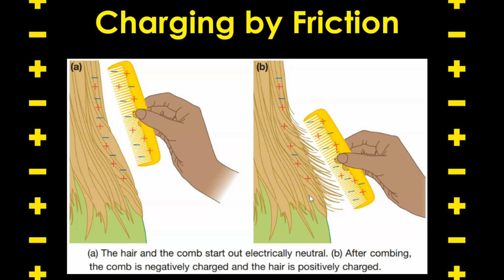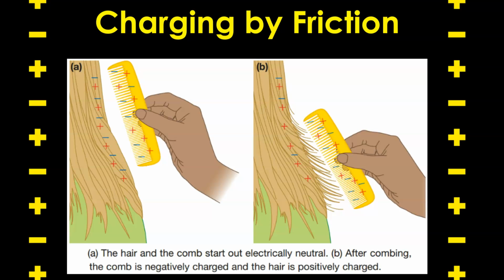Okay, and how do we know why the comb becomes negatively charged and the hair becomes positively charged? Why is it not the opposite? Well, many investigations have been done by scientists, and over time they have been able to make a list of materials based on their ability to hold on to their electrons and their ability to lose electrons.